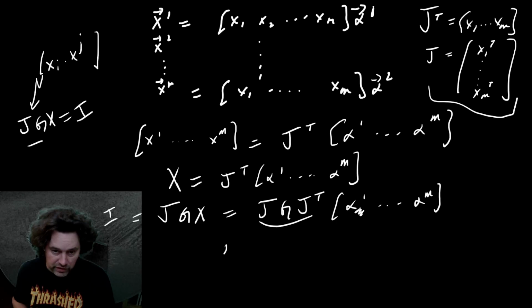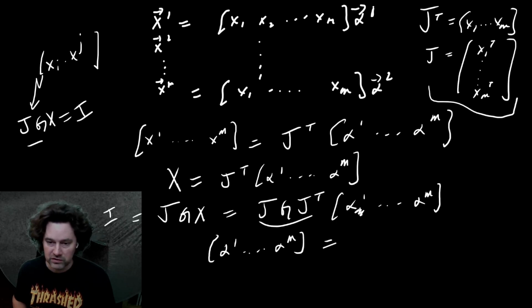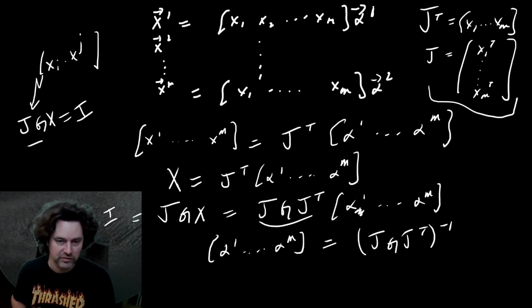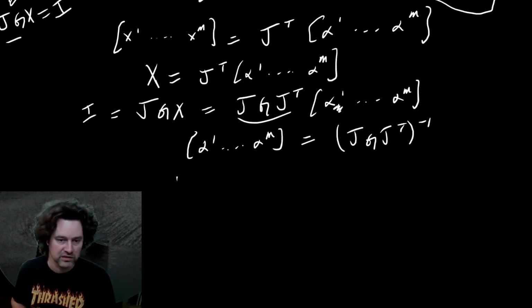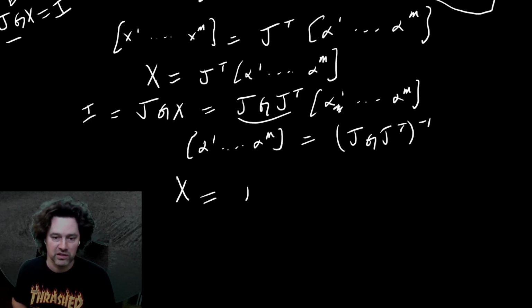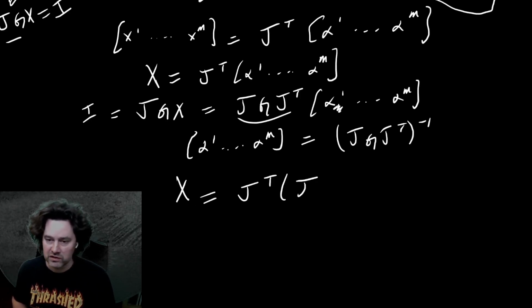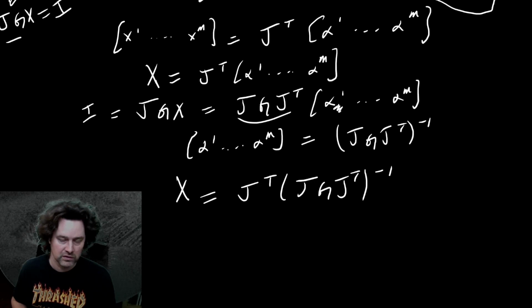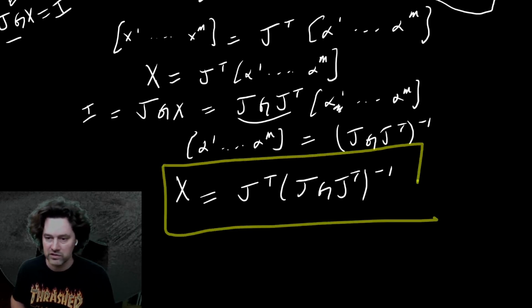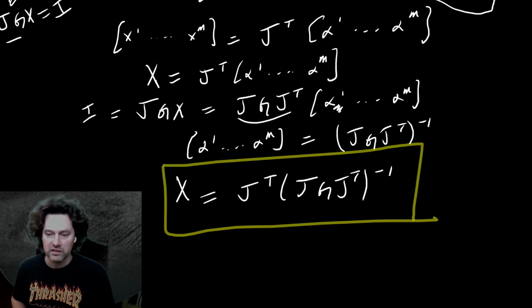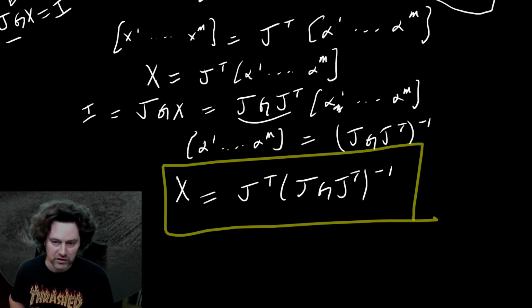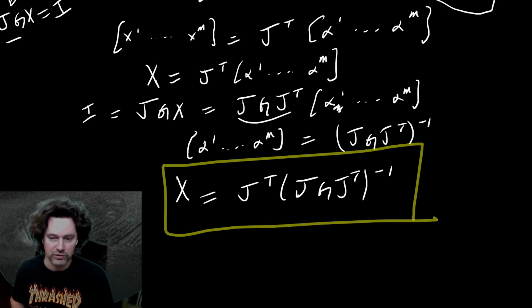So we are left with alpha 1 down to alpha m equals J G J transposed inverse. We can go and plug that back in for X, and we found that X is J transposed times J G J transposed inverse. There is the general form of our reciprocal frame vectors in terms of the matrix algebra, in terms of the Jacobian matrix and the metric matrix G.